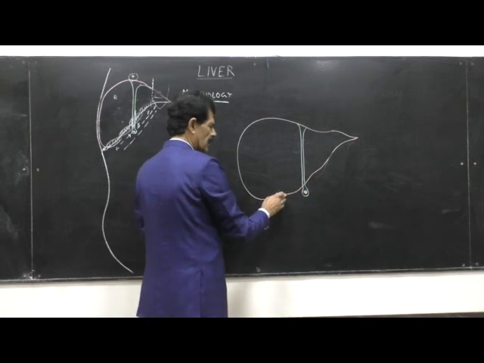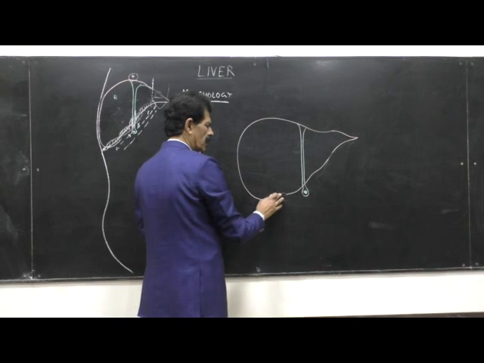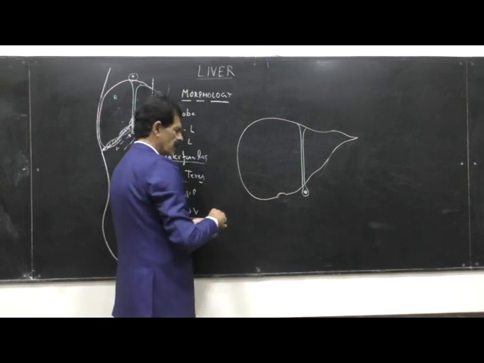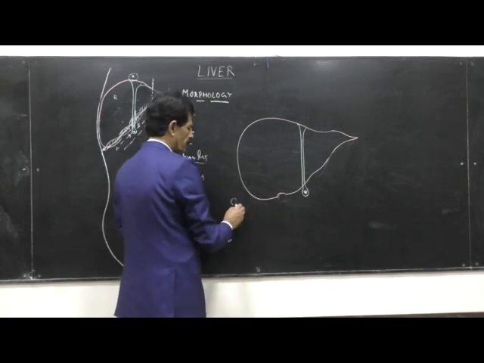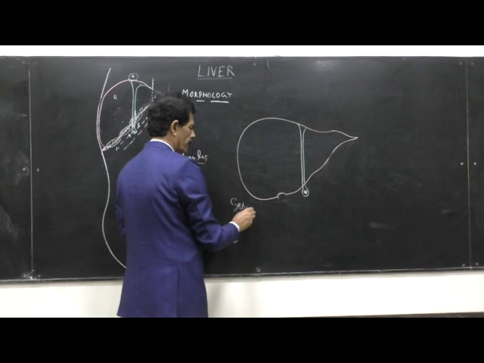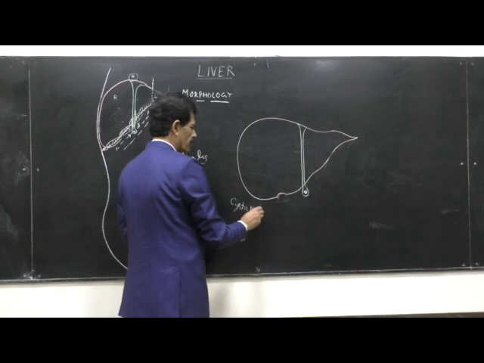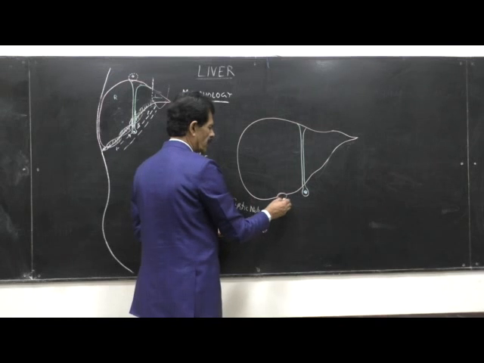Then just lateral here, the liver has a notch. This notch is called the cystic notch because it lodges the fundus of the gallbladder.